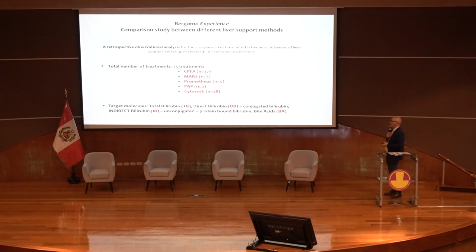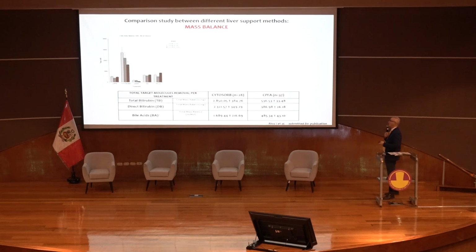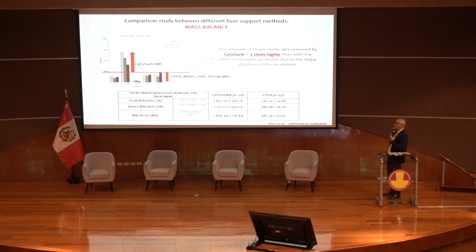And so we have done our study in our ICU. We started in 2008 to use this kind of machine, and in our study we observed that with the use of CytoSorb there was 5 times higher extraction and absorption than with the other machines.